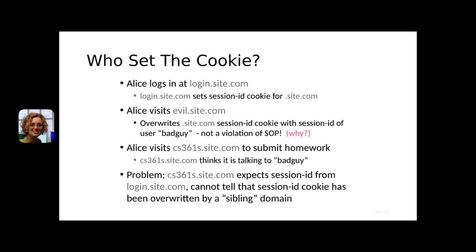And this is not an SOP violation, and you can justify why. Now, Alice visits 361.site.com, and now this has the cookie that has been set from evil.site.com. So now we have 361.site.com thinking that they talk to Alice, but they're talking to the bad guy.